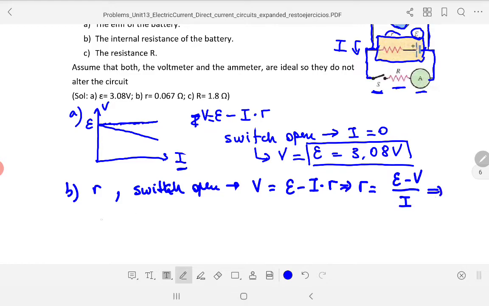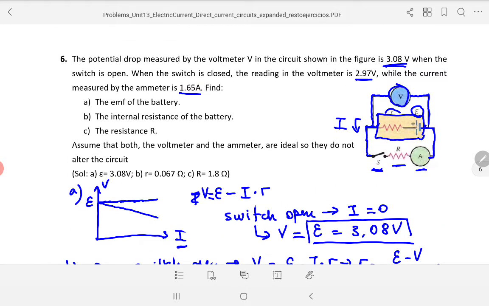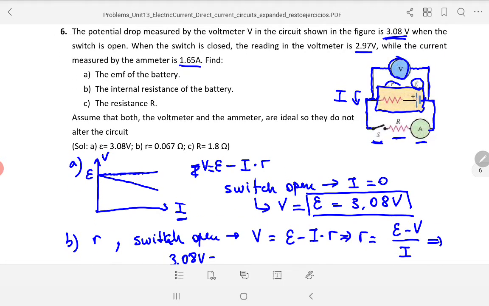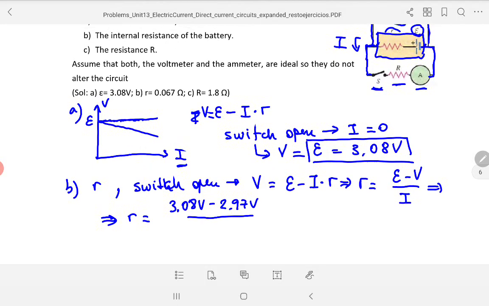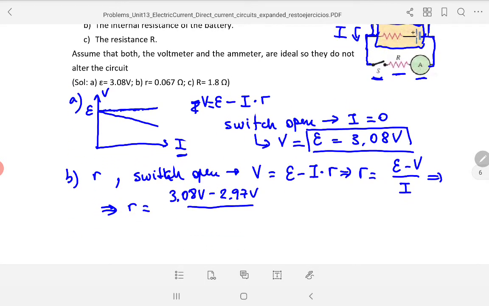In this case, this small r is equal to 3.08 minus the reading of the voltmeter, which is 2.97 volts, divided by the electric current, which is 1.65 ampere. If you calculate this, you get 0.067 ohm.